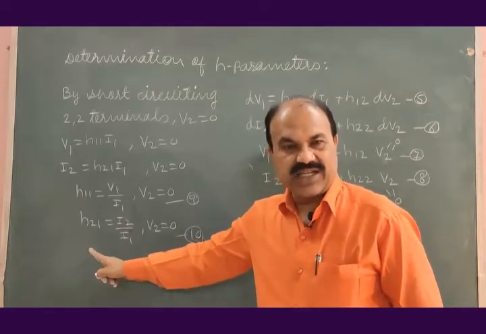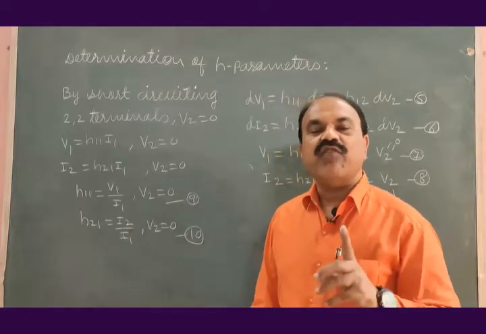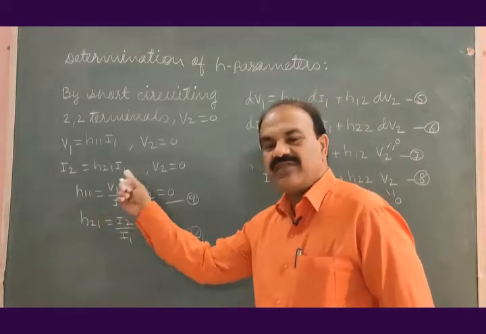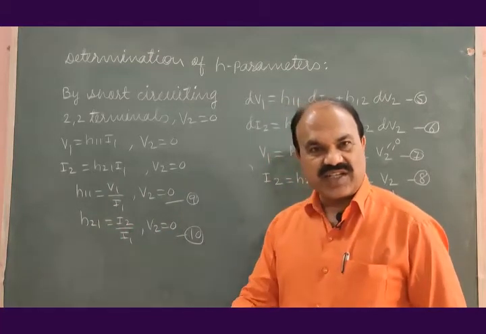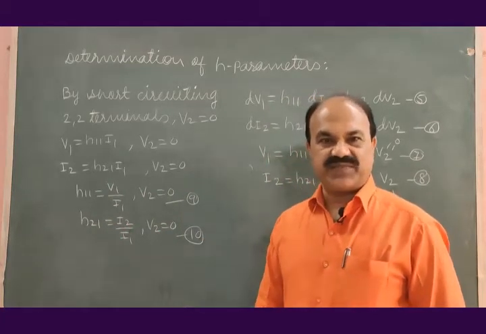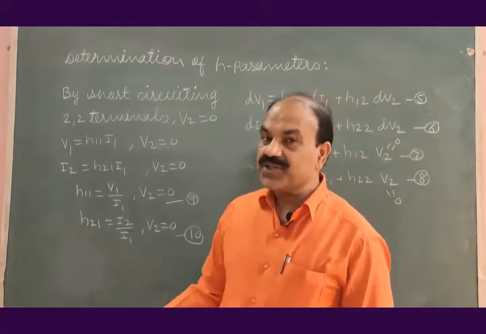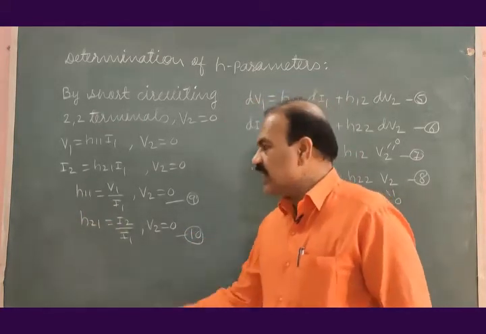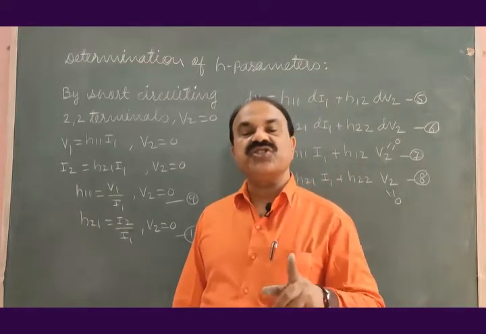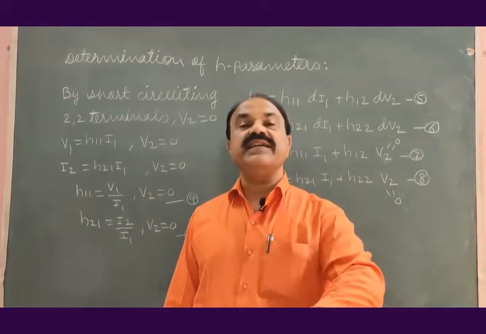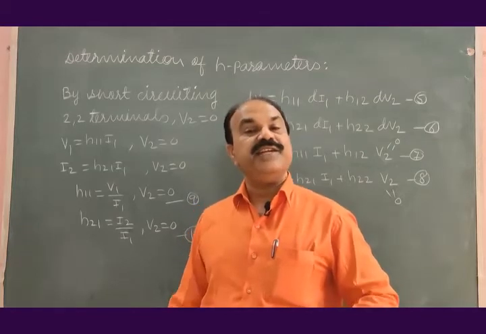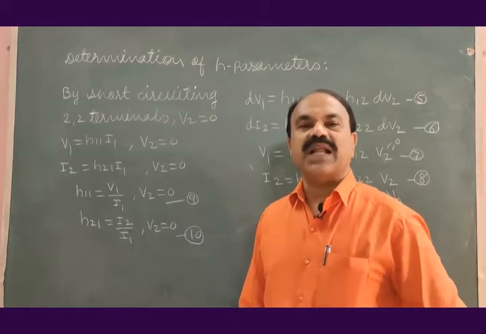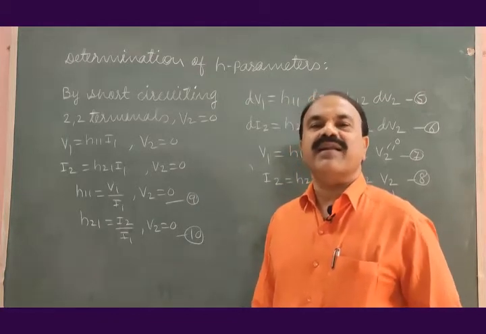H11 is known as short circuit input impedance, which has dimensions of resistance. It is measured in ohm. H21 is unitless, dimensionless. It is simply a number.